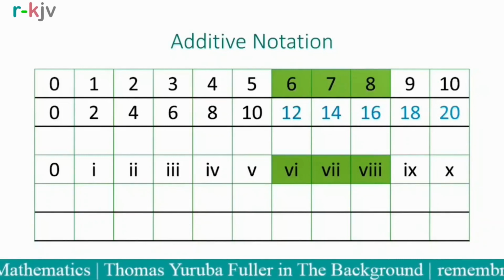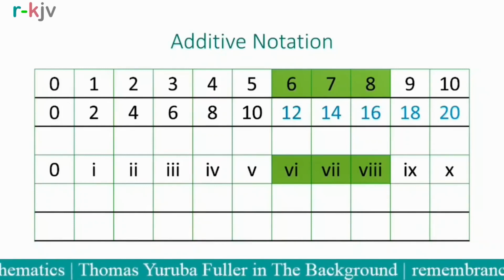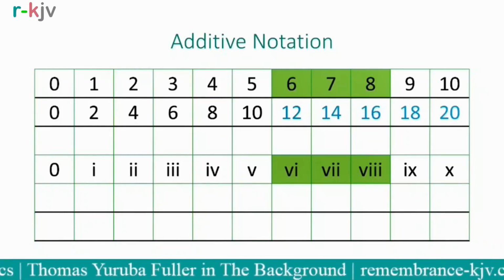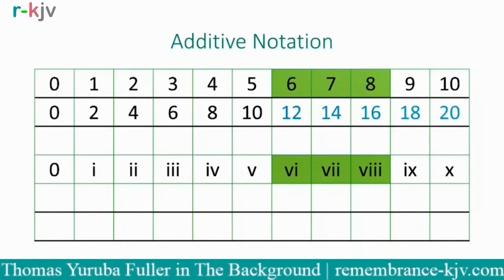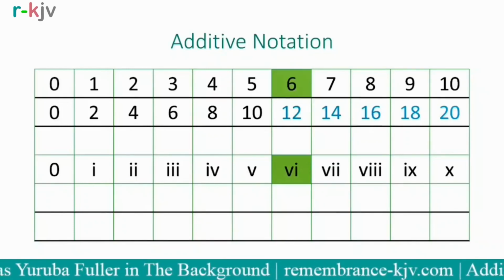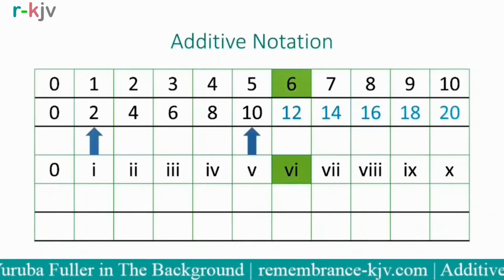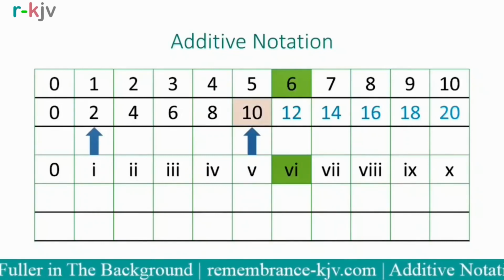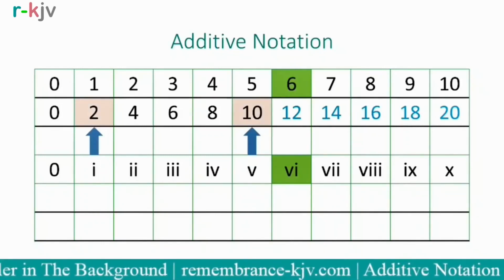This way of representing numbers is known as additive notation, where a number is understood as a sum of other numbers. The double of 6 is understood as the double of 5 and the double of 1. The double of 5 is 10 and the double of 1 is 2.